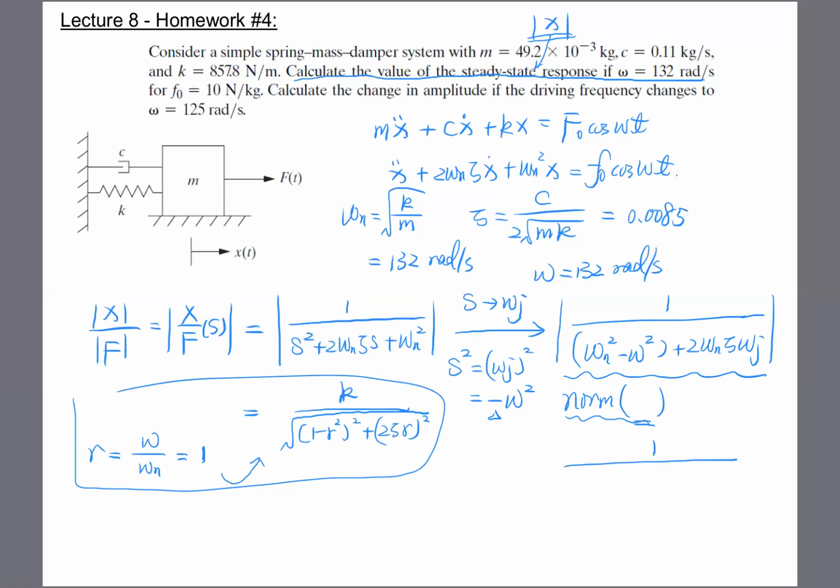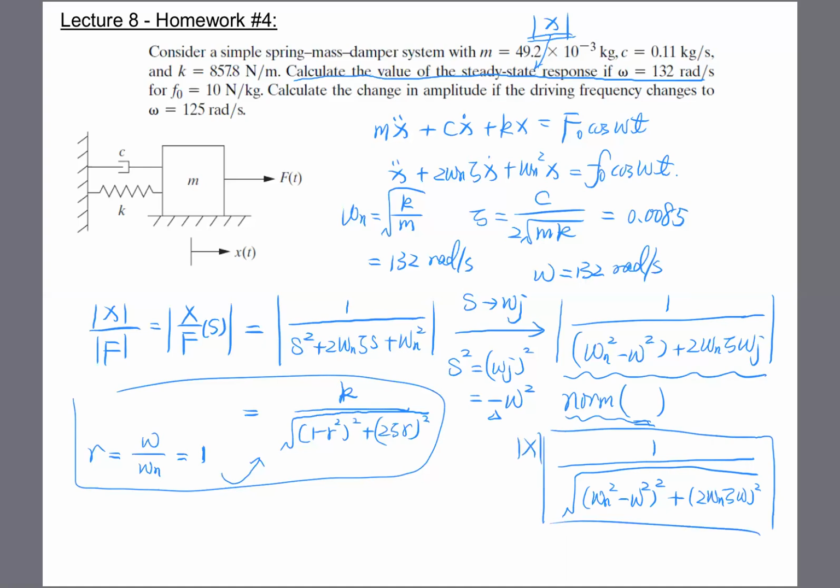It's going to be the square root of the square of the real part, omega n squared minus omega squared, plus the square of the imaginary part, and then you put a 1 on top of it. So that's also a solution for the ratio of X over F.